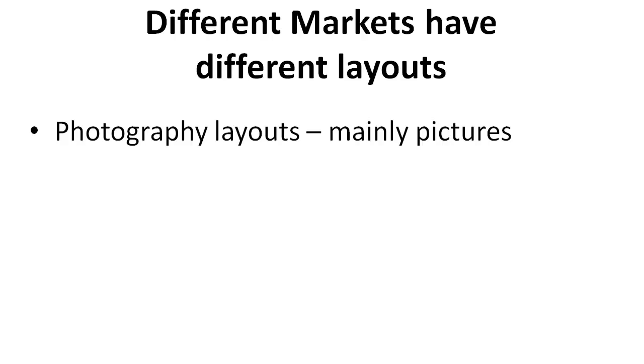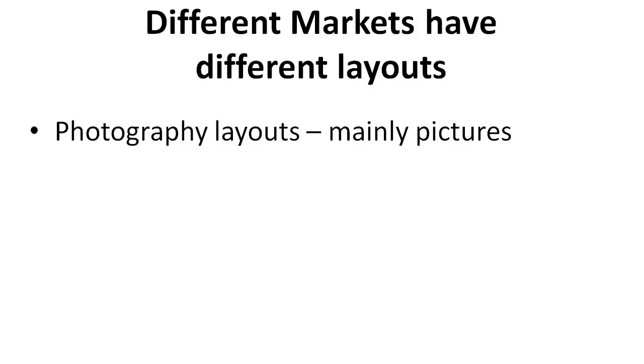For example, let's say a photography layout. If you're going to go to a photographer's website, what do you expect? Do you expect a lot of text or a lot of videos and so forth? You probably expect a lot of pictures.